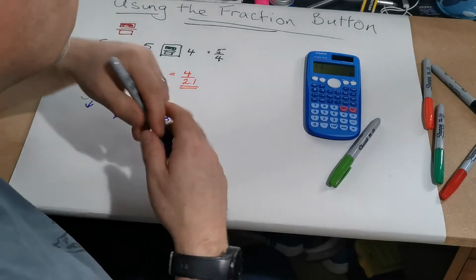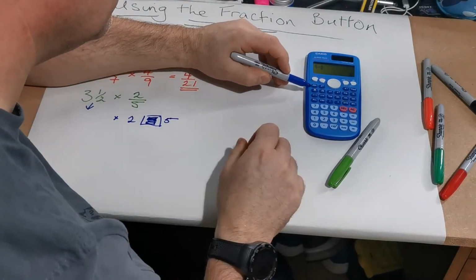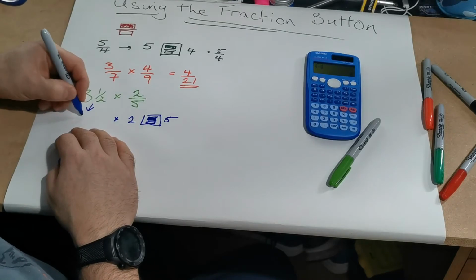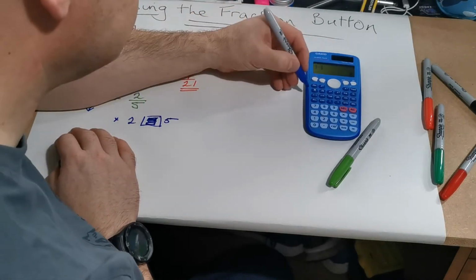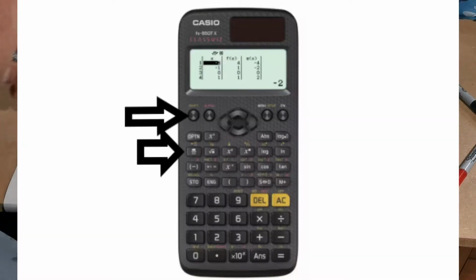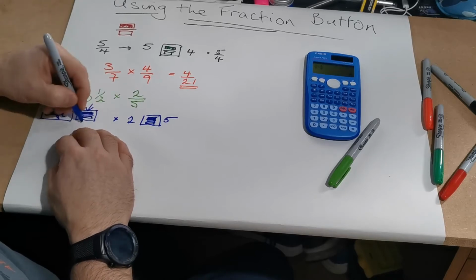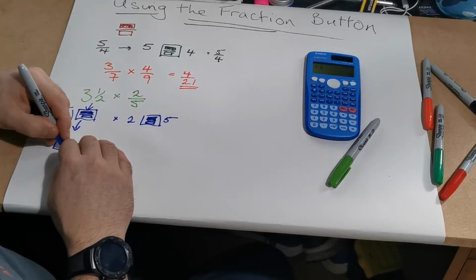Well, if you look above here, you can see that there's a different button, and I want you to press that one first, and it's in yellow, so I have to press the shift button first. So if I press shift and then the fraction button, that will give me an option to fill in like that.